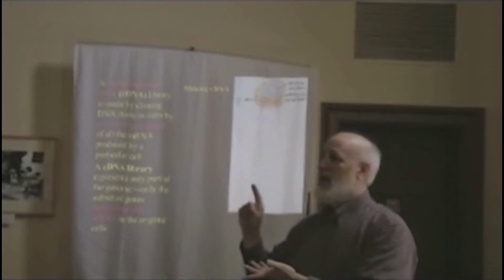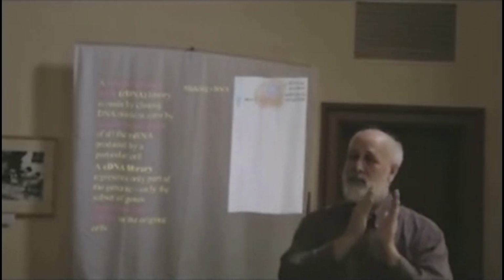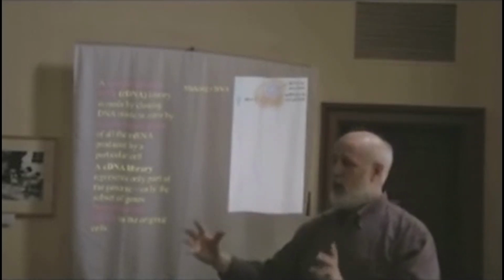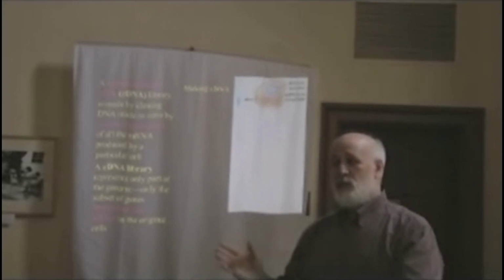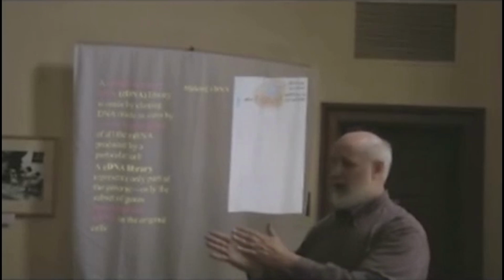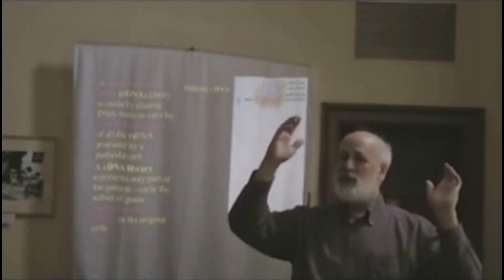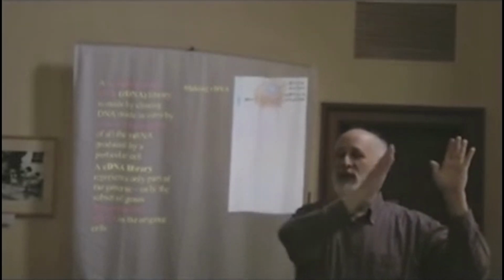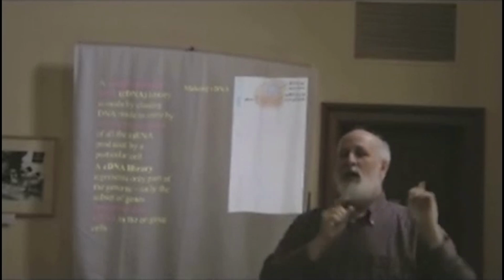Got it, yeah. Okay, that original DNA had non-coding parts in it, which are now no longer in the messenger RNA. We have that enzyme reverse transcriptase that will take RNA and make it into DNA. So what we do is we reconstruct the original gene without the non-coding parts, without the introns in it.